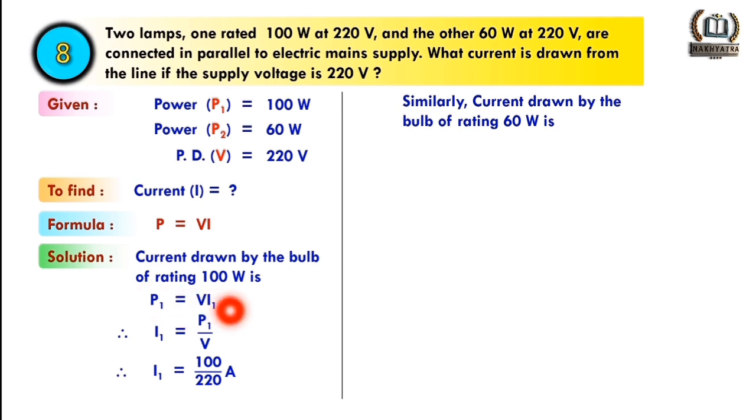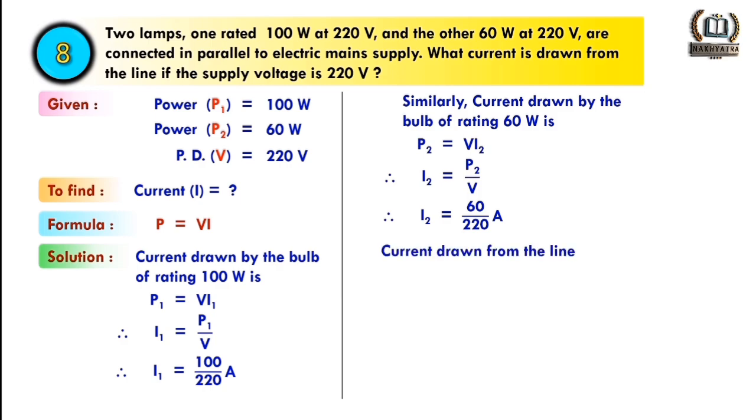Keep it like this. Okay, now similarly, current drawn by the bulb of rating 60 watt is P2 equal to V into I2. Therefore, I2 equal to P2 by V. We know P2 is 60 watt and V is 220. Therefore, current 2 equal to 60 upon 220 ampere.